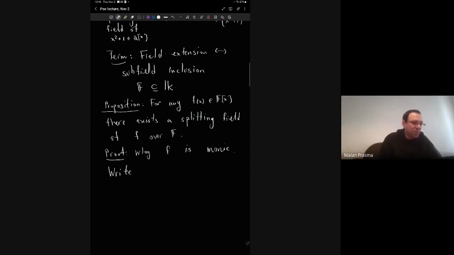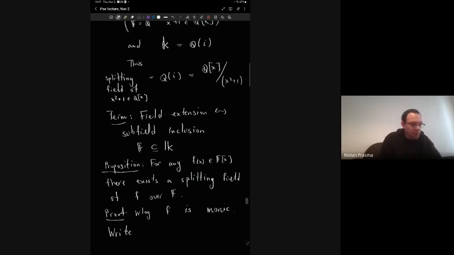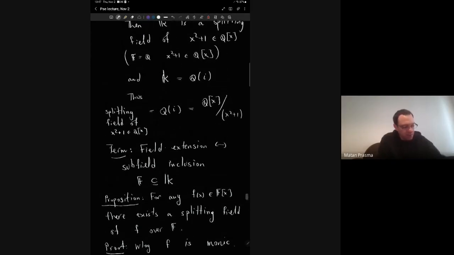Well, we will get to it. But you can see from this example here that one way to get the splitting field of x squared plus 1 was simply to mod out by x squared plus 1.